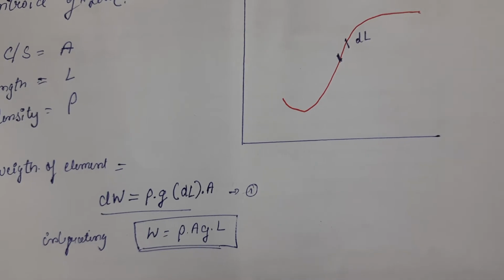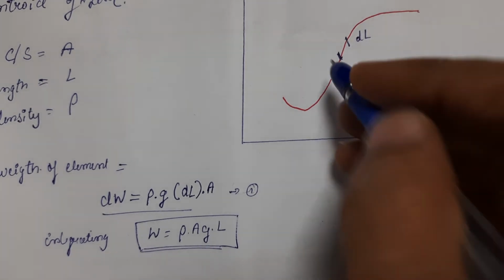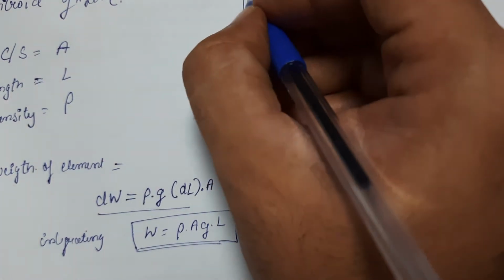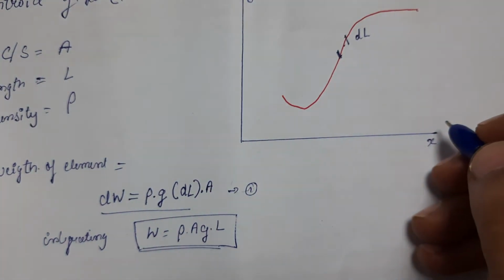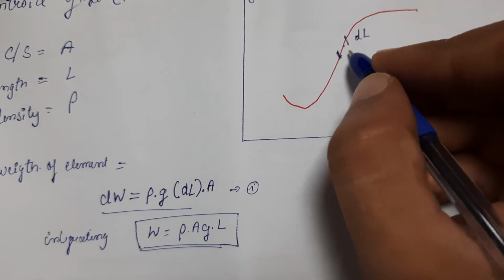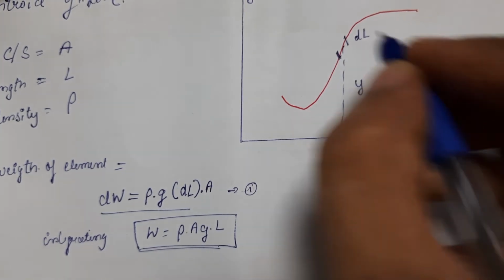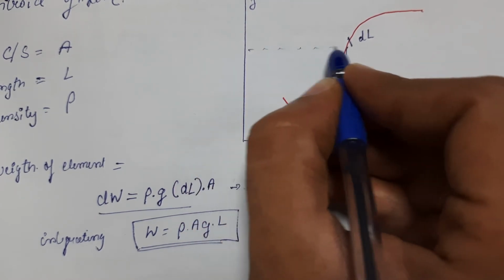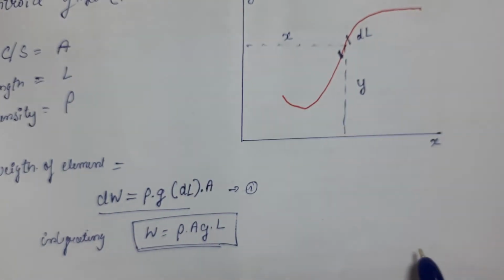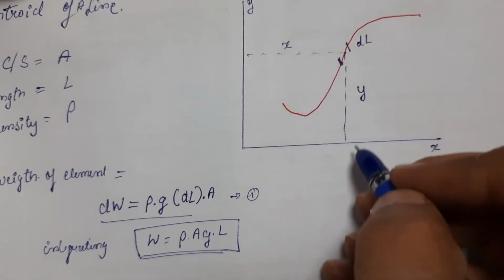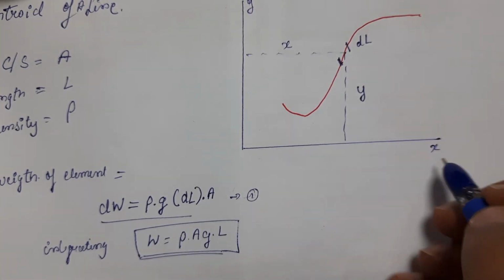Now let us find the first moment of this weight. This wire, let us consider this to be x and y here, and we'll take the center point, this distance to be y, this distance to be x. Now let us find out the moment at this particular point with respect to x-axis.